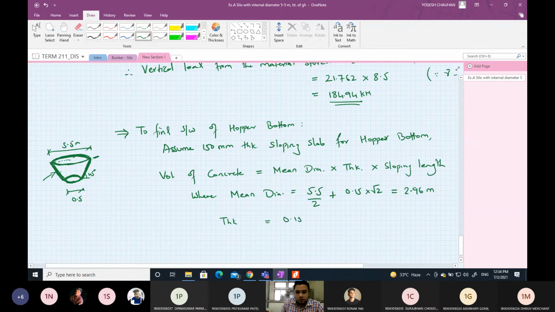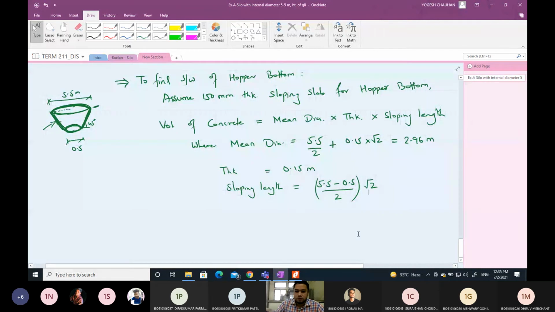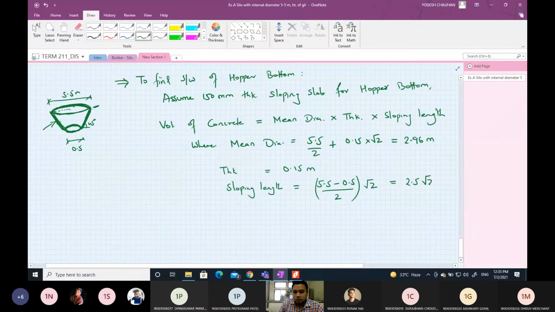Thickness is 0.15 and sloping length is equal to 5.5 minus 0.5 by 2 into root 2, so that will be 2.5 root 2.